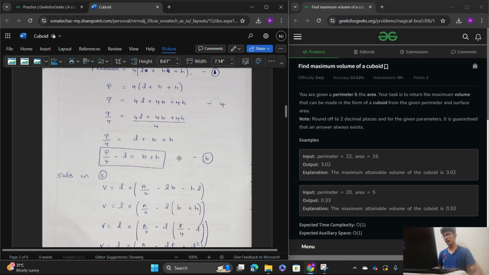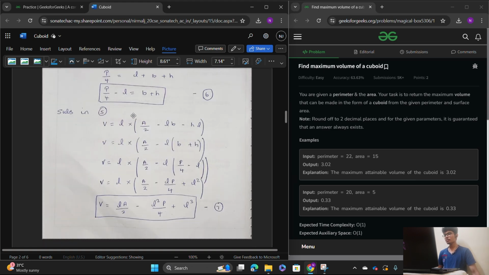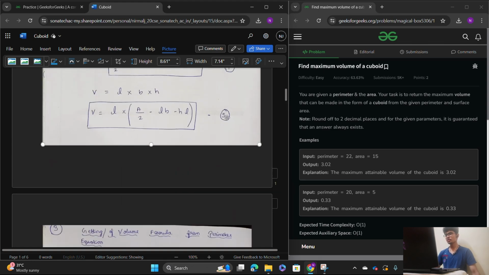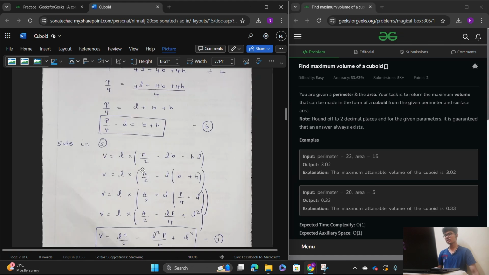After this, I'm going to substitute the sixth equation into the volume equation, my fifth equation. V is equal to L into A by 2 minus LB minus HL.